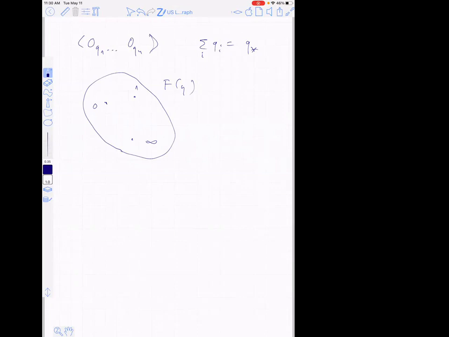Maybe I'll write it down somewhat. So it's x of q1 plus q2 plus q3, minus pairwise guys: x of q1 plus q2, minus x of q1 plus q3, minus x of q1, q2 plus q3, and then plus the individual guys.